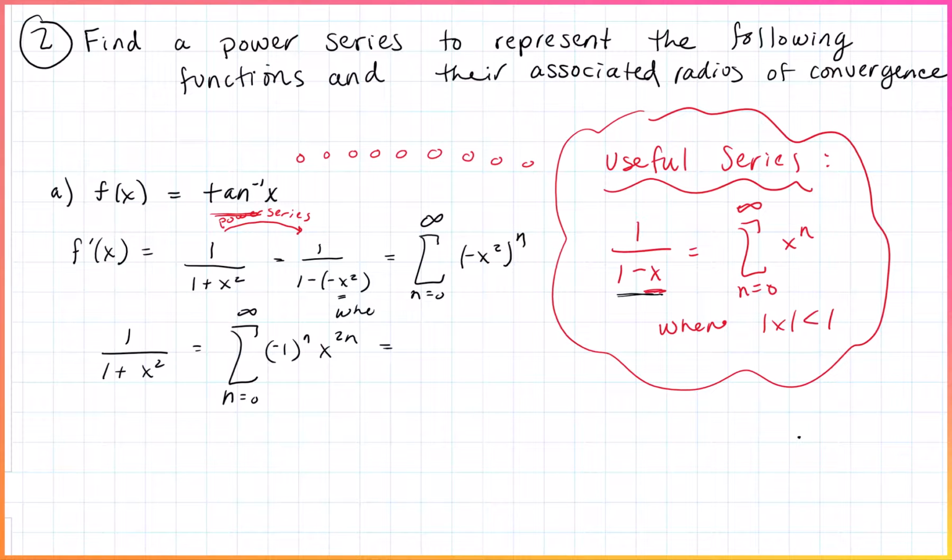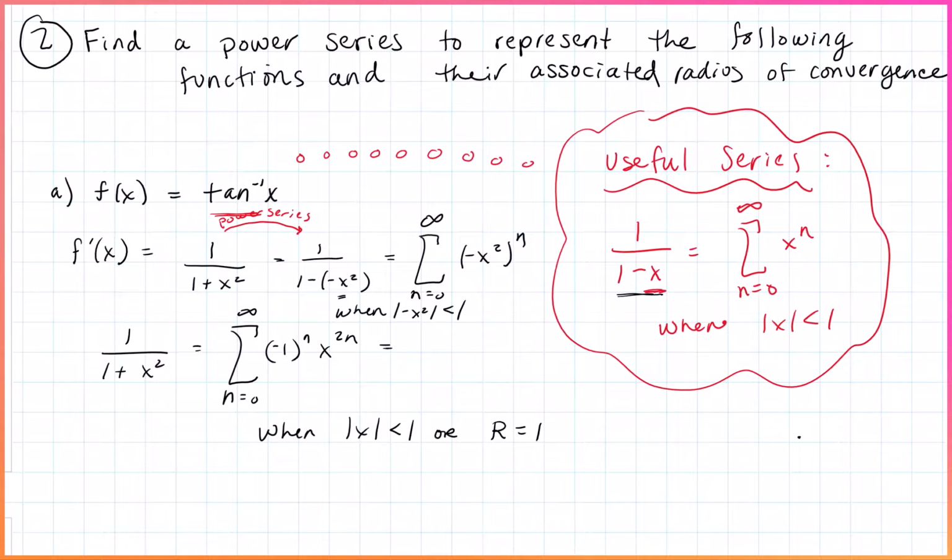That's going to be true as long as the absolute value of negative x squared is less than 1. So, of course, that's just the absolute value of x squared is less than 1, which when we take the square root, is true when the absolute value of x is less than 1. Or another way to state that is that the radius of convergence is 1.